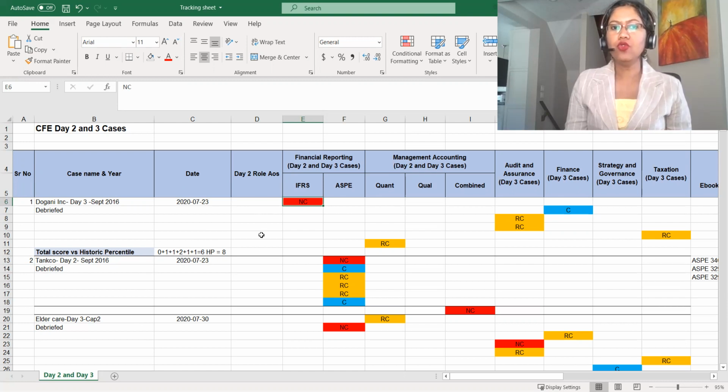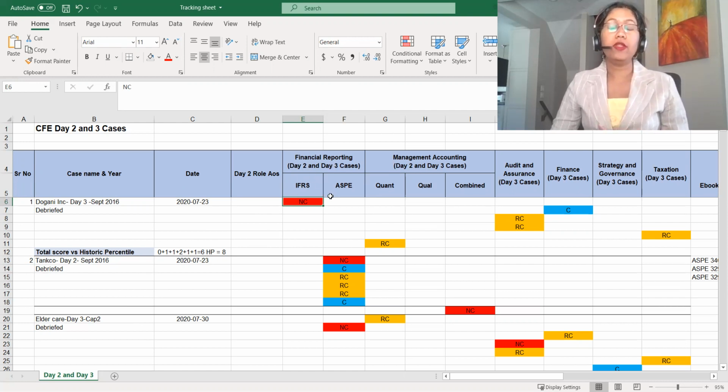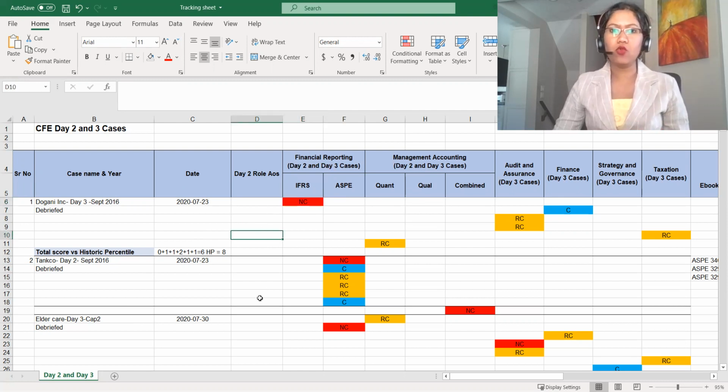Then Day 2, this is for the role AOs. In that, there are two for now for Day 2 for passing. It is very important to clear in your role. Suppose my role was assurance.